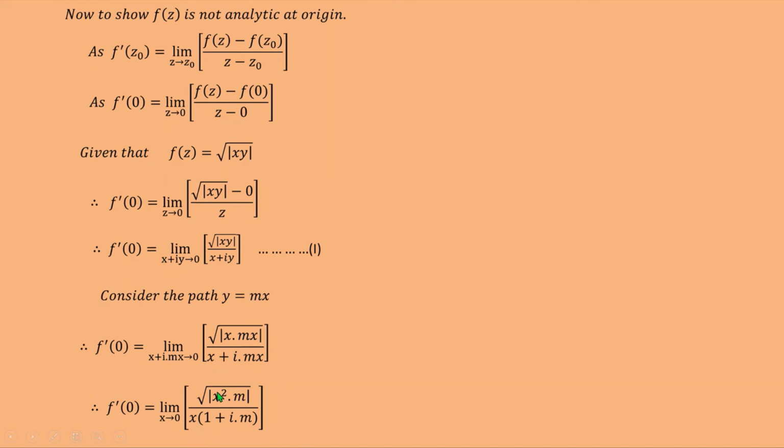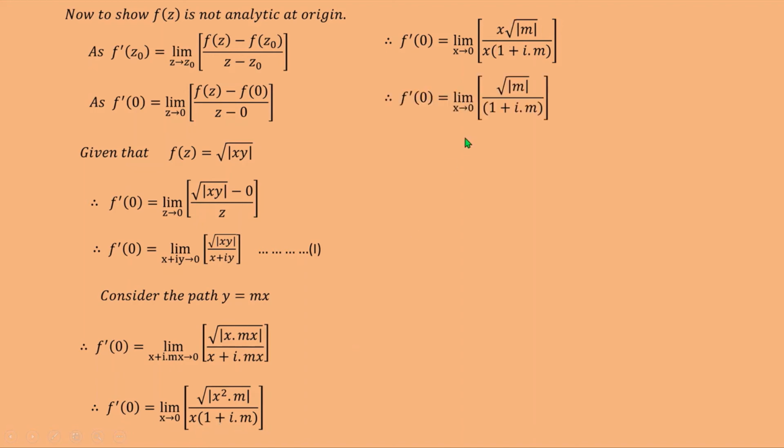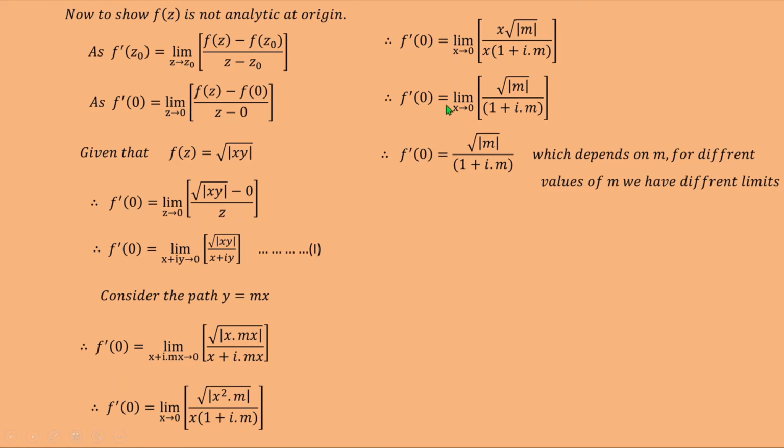Now take this x² outside, and so f'(0) is equal to the limit as x tends to 0, x into root of mod of m upon x into (1 + im). Here x gets cancelled, and so we get f'(0) is equal to the limit as x tends to 0, root of mod of m upon 1 + im. Now evaluate this limit, and so we get f'(0) is equal to root of mod of m upon 1 + im.